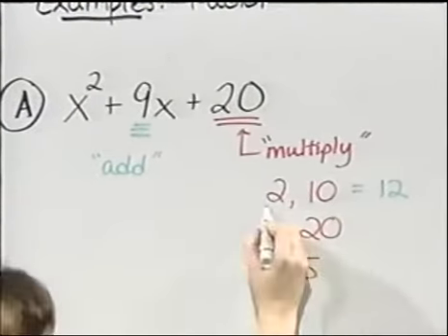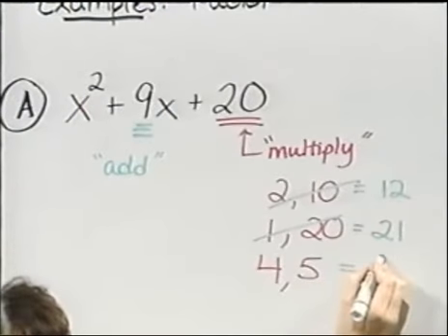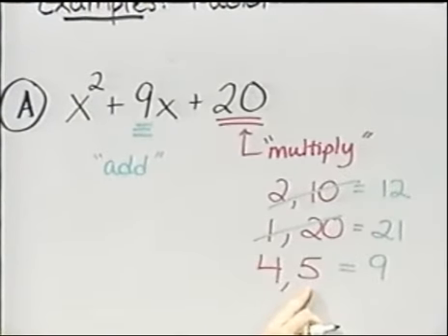That doesn't work, so I'm going to cross that off. 1 plus 20 is 21. That doesn't work either. 4 and 5, however, add up to 9.